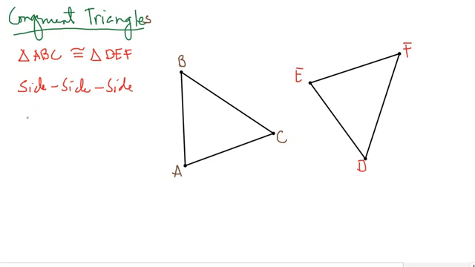That means if I have the side AB is equal to side EF, and the side AC is equal to side ED, and the side BC is equal to side FD, then we can say that the triangle ABC is congruent to triangle DEF.